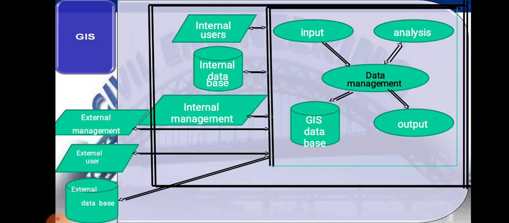However, the input, then the analysis, the GIS database, and output have been correlated and interrelated with the process of internal and external database. When internal users, internal database and internal management work with the data management, we get an external management, external user and external database.